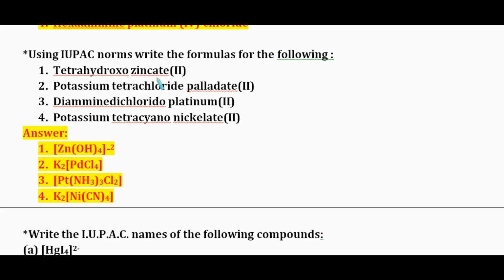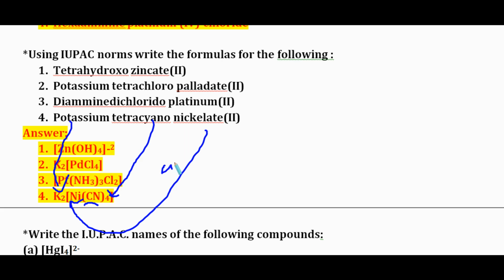Since ate is attached, we put a minus; if only zinc were used, we would write plus. Next, let's see what is here. Potassium, so it is written as K, then tetra, this is 4, chloro, this is Cl, and this is palladate, that is Pd. So 2 charges are given by K2 and 2 charges are given by Pd, and Cl4 has -4 charge. Now next is potassium, this is K, tetra, this is 4, cyano, this is CN, and nickelate, this is Ni.